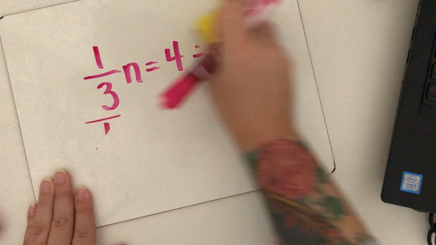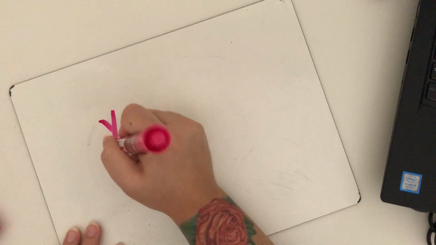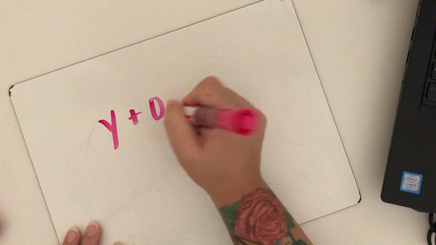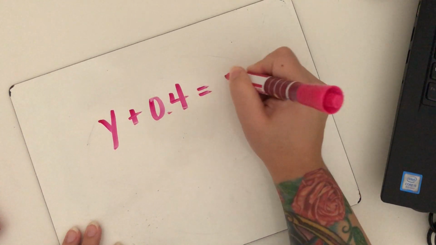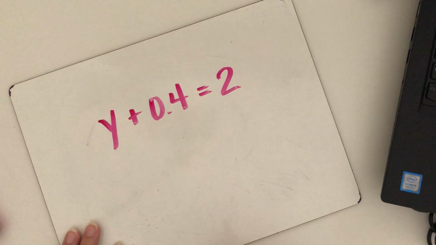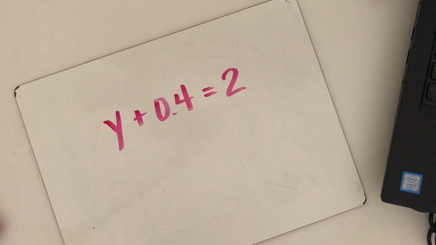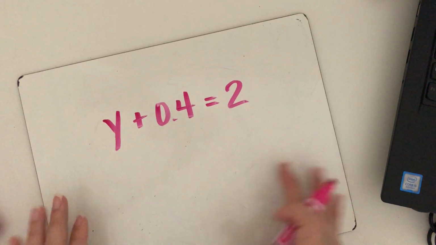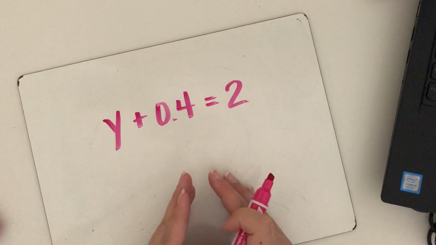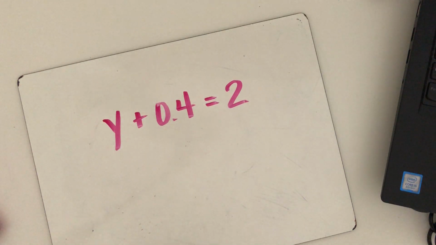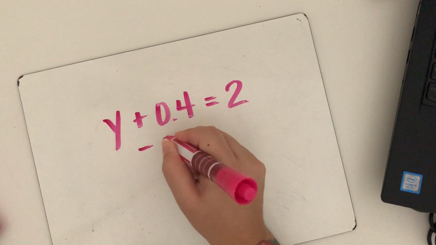Let's take another example. So I have y plus 0.4 equals 2. So again, my whole point is to isolate this y value that's here. So my original equation has me adding 0.4. So that means that my inverse would be to subtract the 0.4.